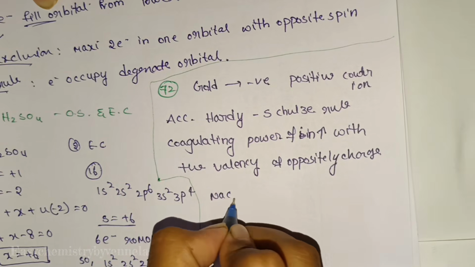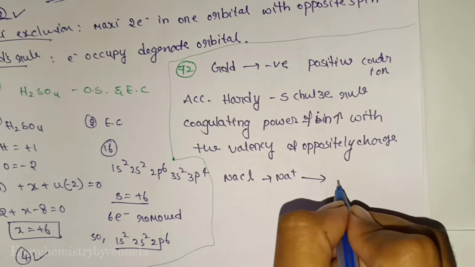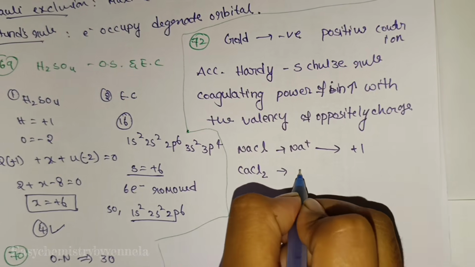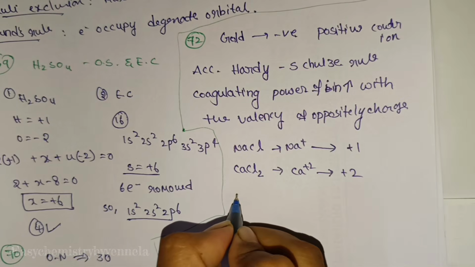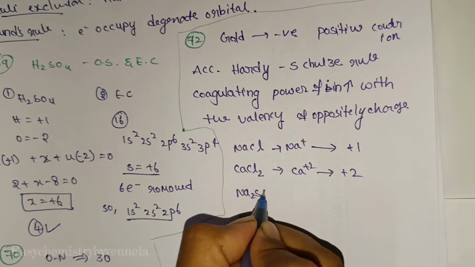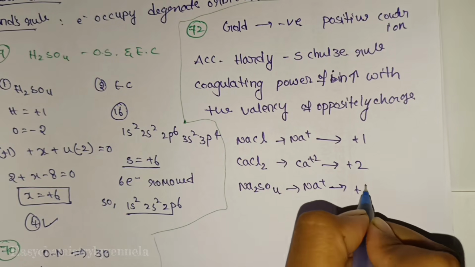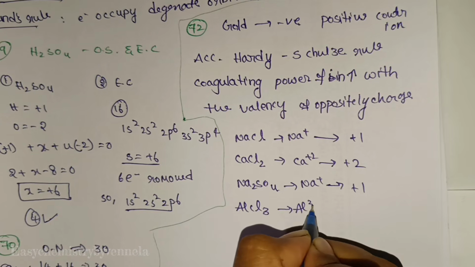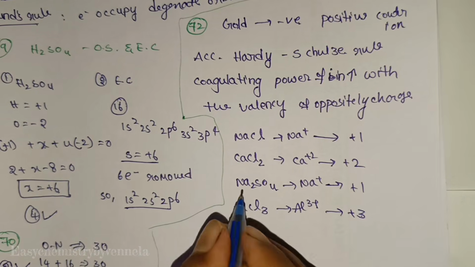In the given options, first NaCl, that is Na plus, valency how much? Plus 1. CaCl2, Ca plus 2, what is the valency? 2. Na2SO4, here also sodium Na plus, valency plus 1. Next AlCl3, that is Al3 plus, what is the valency? Plus 3.